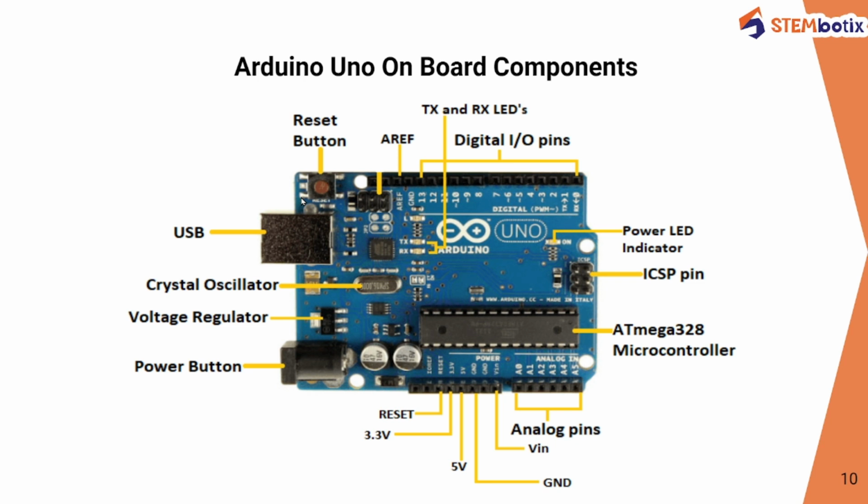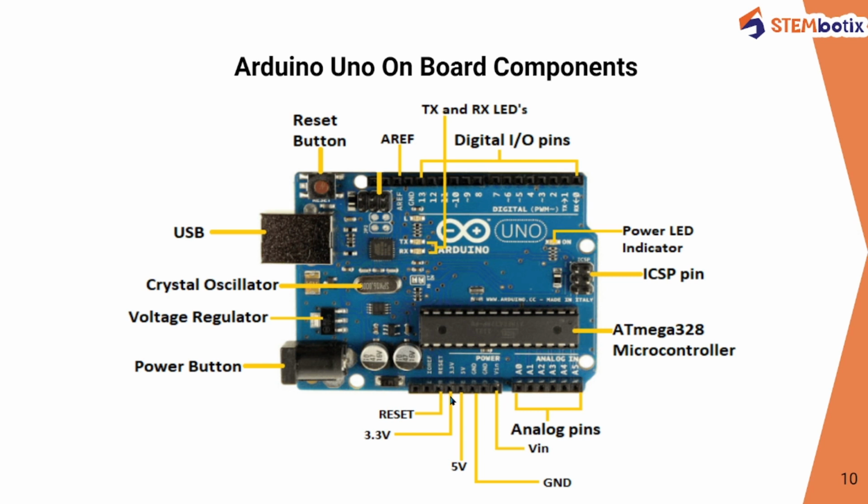You can also reset the Arduino Uno board using this particular reset pin. So there are two ways. You can click this button, or you can use this particular pin to reset your Arduino Uno board.